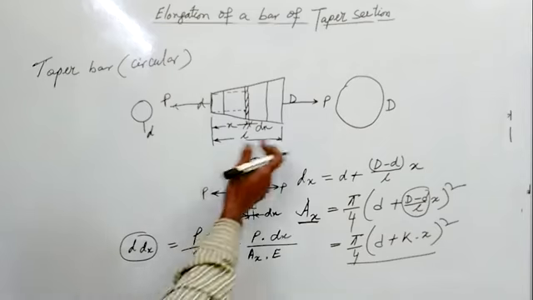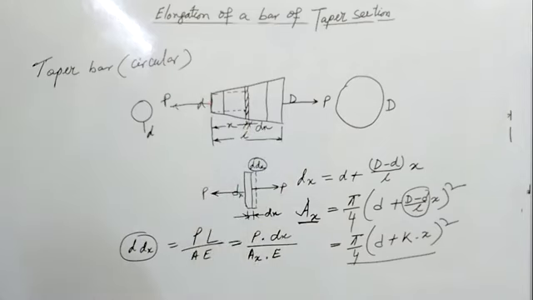Now, what is the total elongation produced? If we consider all the elements separately, find the deformation produced in all the elements and add, it will give the total deformation produced in the bar.